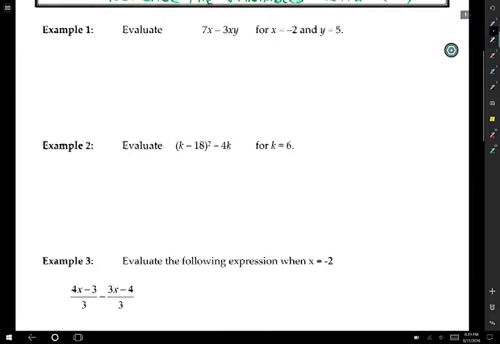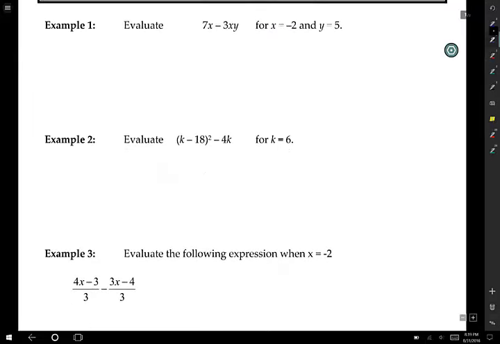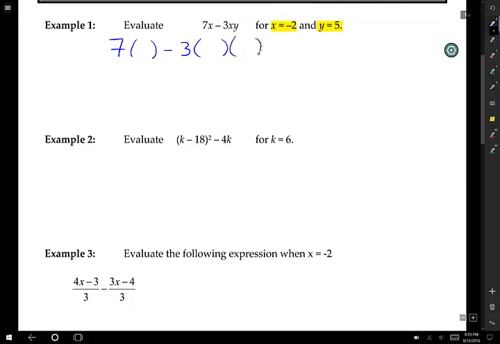So let's try to evaluate a couple of problems here. For these problems, we need to be aware that x equals -2 and y equals 5 for each of them. So here we go. We're going to take 7 with parentheses, -3, and parentheses for y. Then we're going to put in the values of -2 for x and 5 for y.